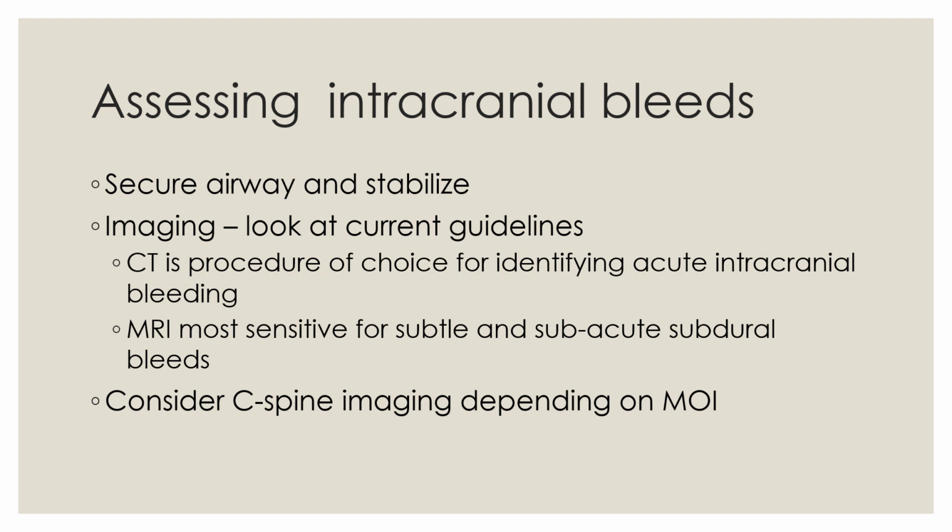Obviously, in addition to our other stabilizing efforts, the ABCs, we also want to make sure that we don't cause further injury, and therefore if there is a mechanism of injury that suggests the possibility of C-spine injury, we're going to image the C-spine.